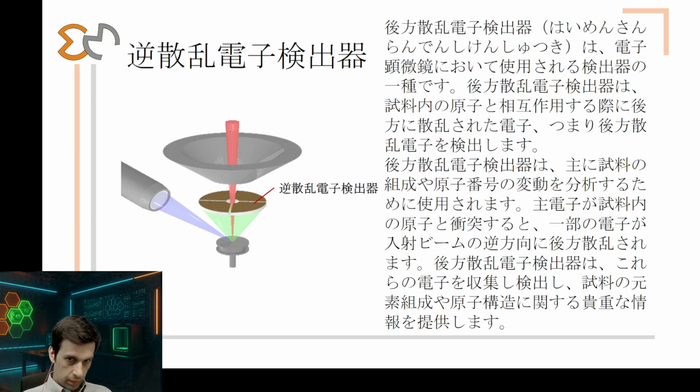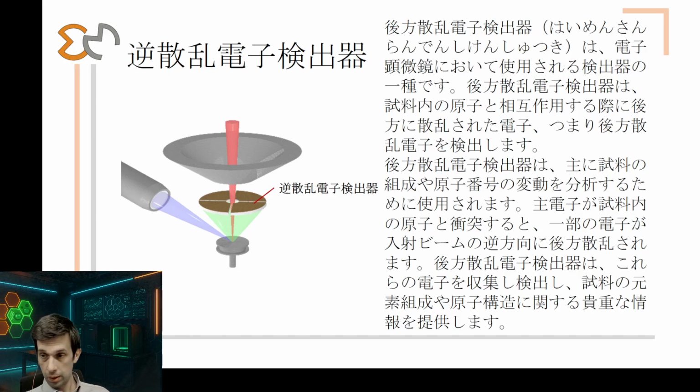In the backscattered electrons, things work in a little different way, but backscattered electrons are the same electrons that hit the surface and are bounced back. And these are used to analyze differences in composition, in particular in atomic number. Why? It depends on the size and, of course, on how heavy the element is.